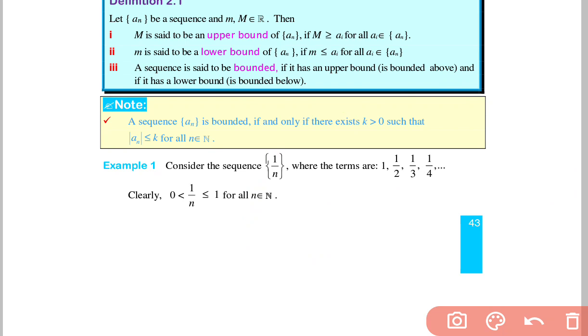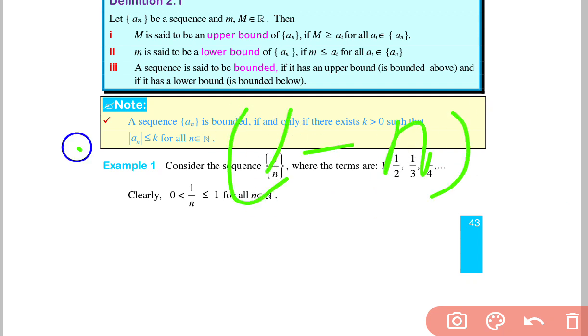Let us make it in another example. For example, 1 minus n.